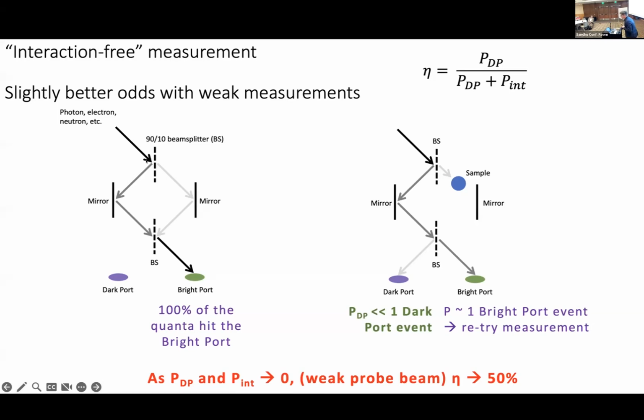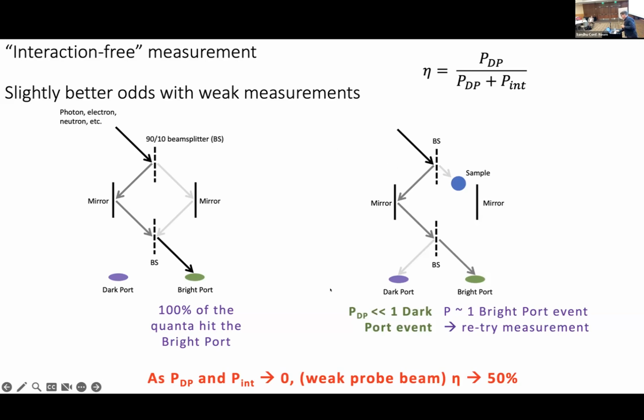Okay. Now, if we use a weak probe beam, I'm trying to use a darker gray for the reference path and a light gray, a weak beam in this other interferometer. You can still tune it so you get all of your output into a bright port. And now, the probability of bright port detection or dark port detection is becoming equal to the probability of the probe beam hitting your sample.